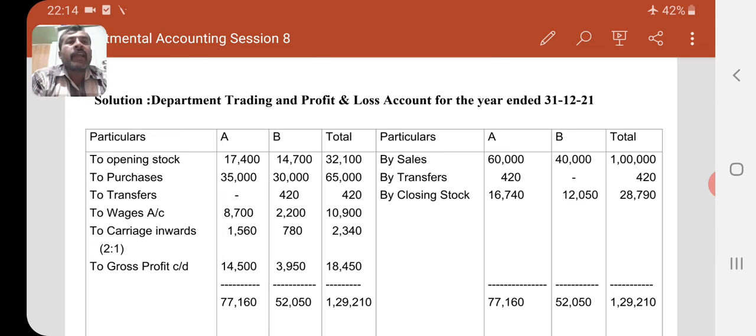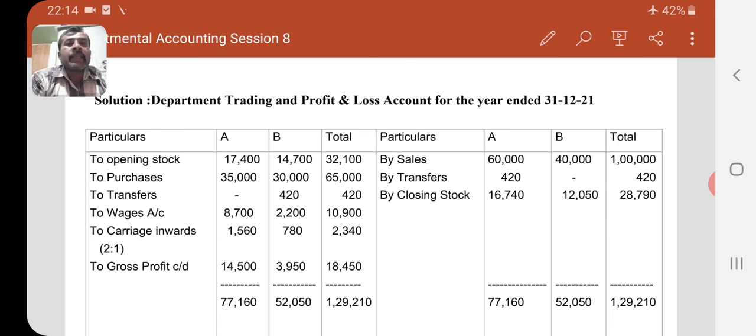So for the 420 rupees, the transfer made by Department A is going to be credited. And closing stock, the stock on 31st March 2021, has been taken here: 16,740 and 12,050. This is the information which relates to the trading account.